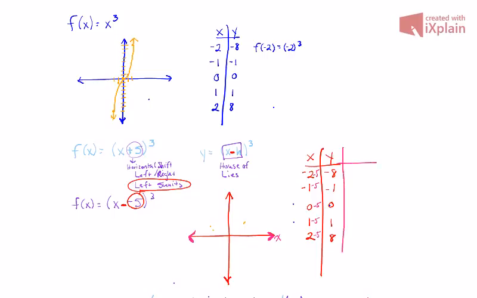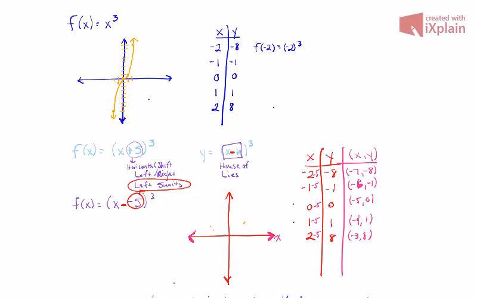So if we were to extend the table, we would have -7 because -2 minus 5. And notice that the -8 is left unchanged because I'm not moving up or down, so my y values are going to stay where they are. This is going to be -6, -1, -5, 0, -4, 1, and -3, 8.